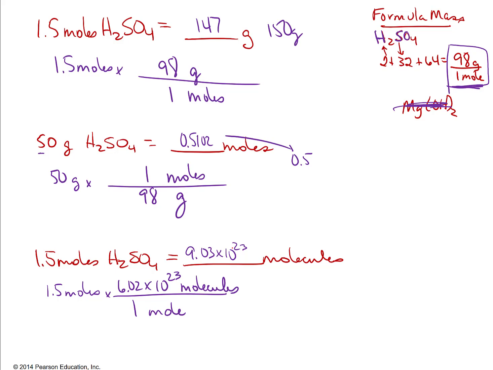So 9.03 times 10 to the 23rd. So we just say 9.0, 1.5, two significant figures. Remember that you keep those exponents. The exponents don't get counted as significant figures. It's the number in front that does.